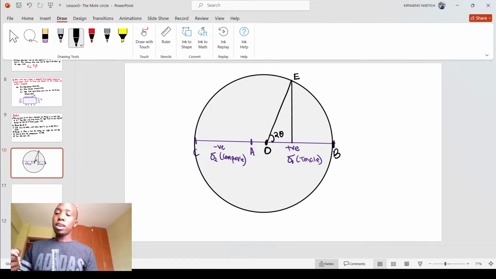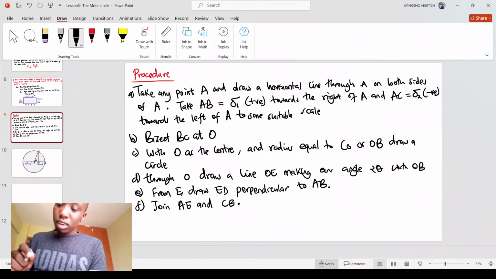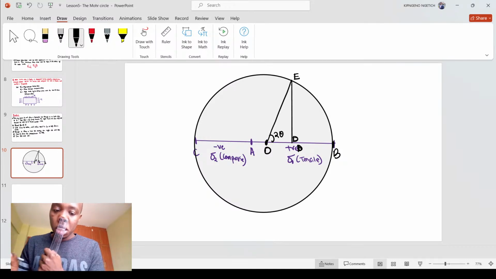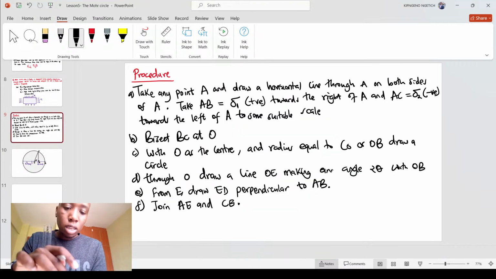That is class 4 work. So let's call this D, draw ED perpendicular to AB. That's D.